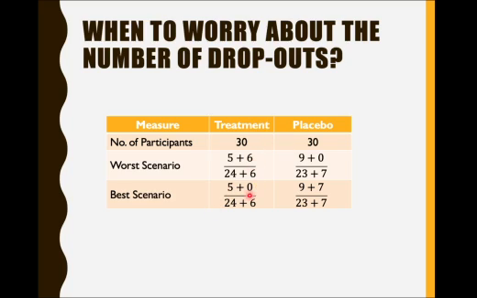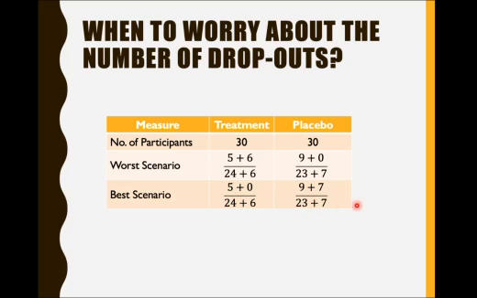And the best scenario for the treatment will be 5 died, and then those who dropped out didn't die. We assume that they didn't die. And then for the placebo, all those who dropped out, all of them died, divided by, again, 30.